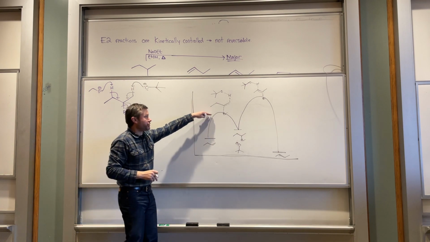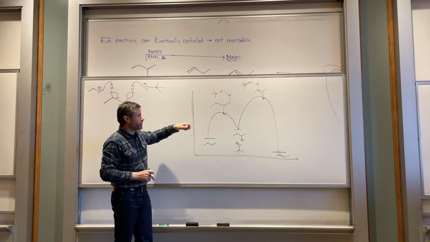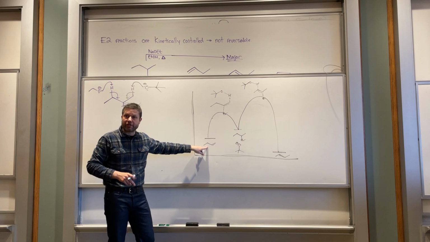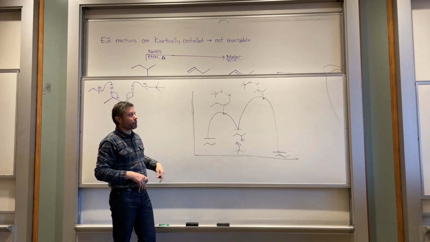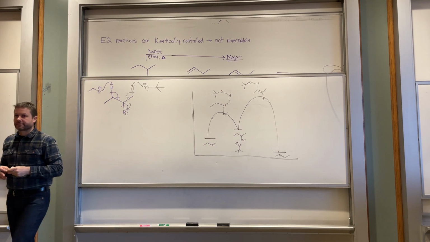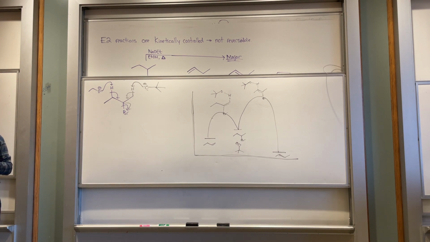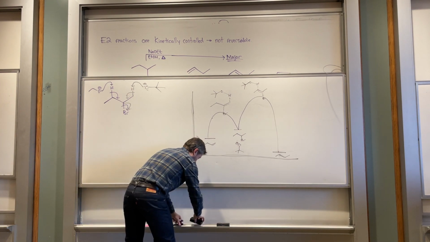So it's the lower energy transition state, and since the E2 reaction is kinetically controlled, it's going to be the major product, right? But only if we're using that big bulky base. Questions about this? Makes sense?